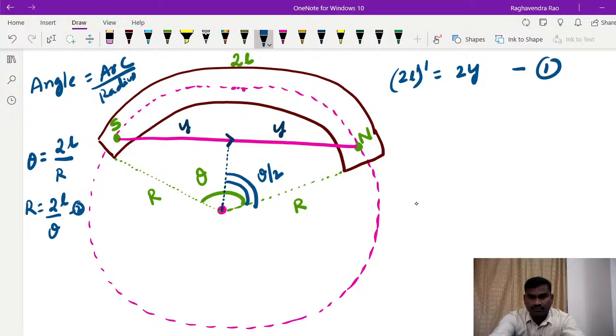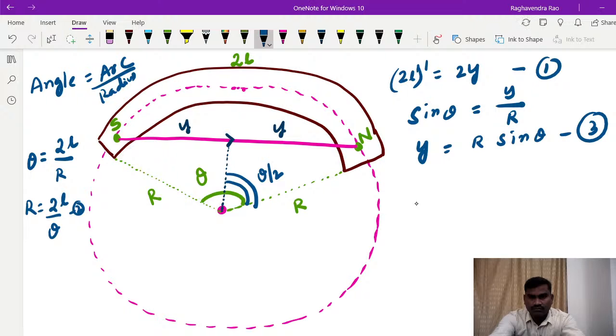Now from this geometrical figure, sin theta by 2 is equal to opposite y by hypotenuse r, so y is equal to r sin theta by 2. This is equation number 3. From equation number 3, 2L dash is equal to 2y, which is equal to 2r sin theta by 2.